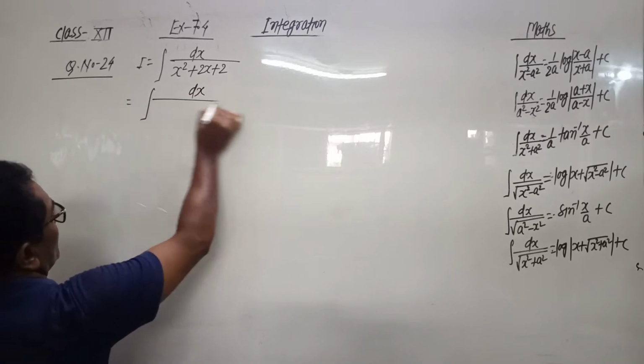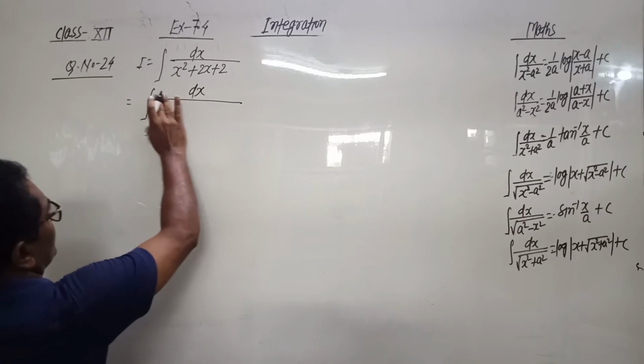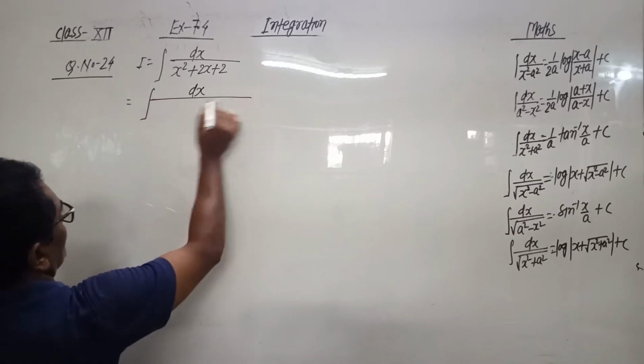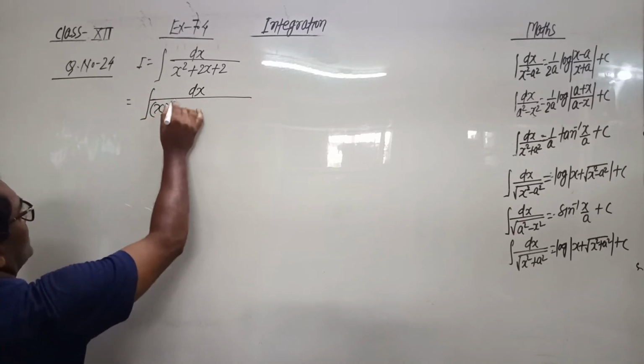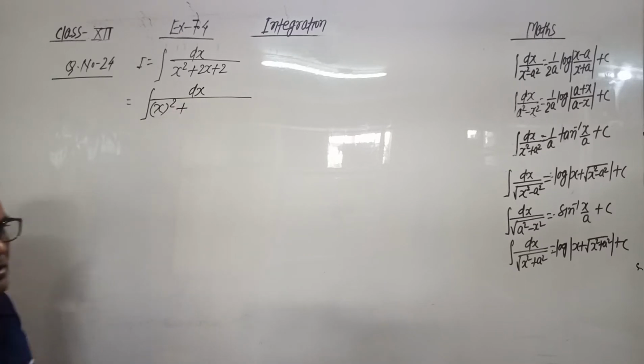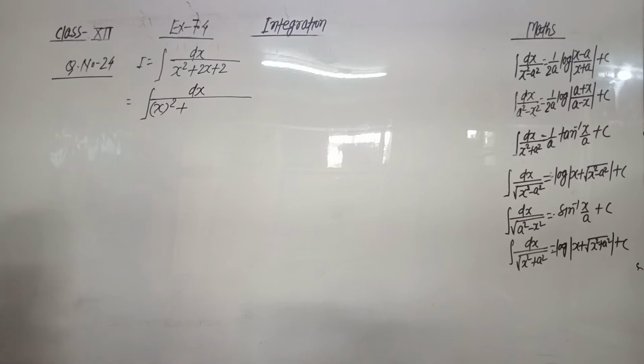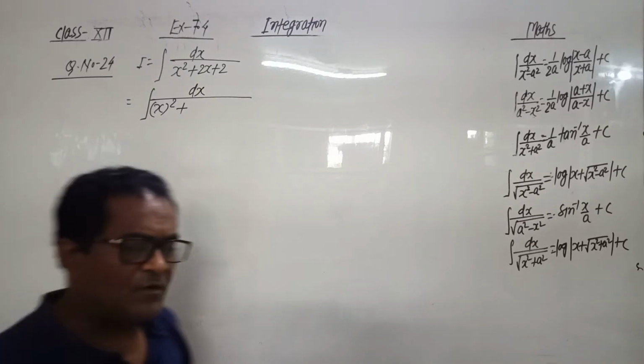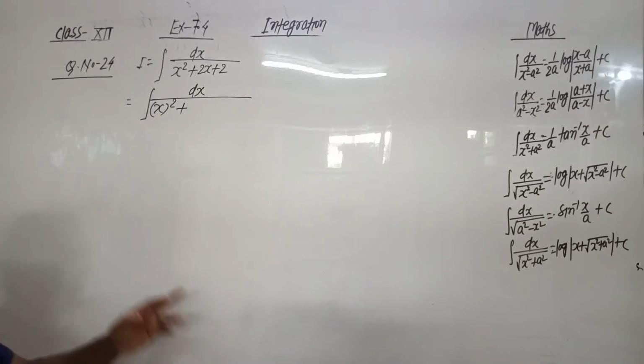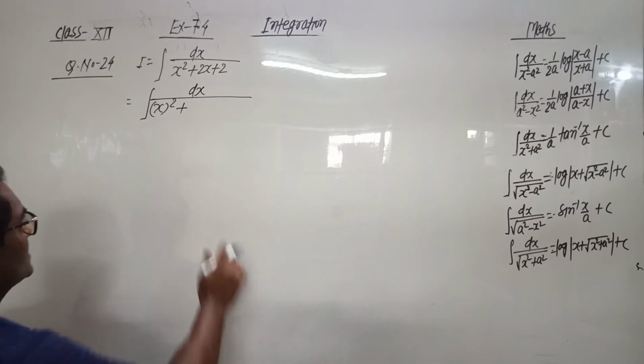Integration dx upon x square is written as x the whole square, and the coefficient of the term containing x is positive. So the formula used is a square plus 2ab plus b square.